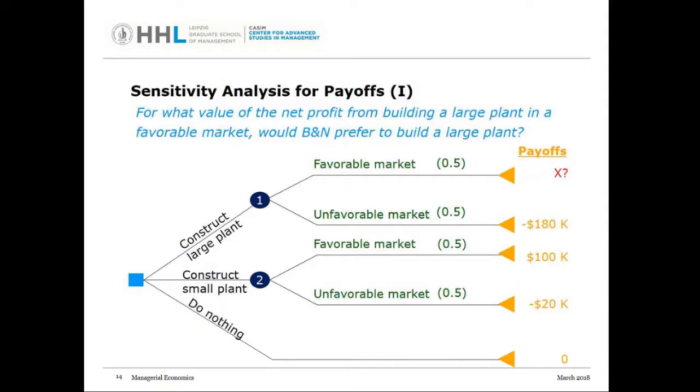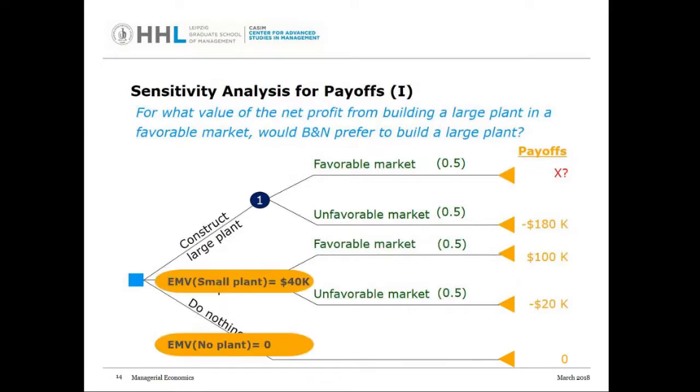I go back to the case of the expected monetary value maximizer. So we have a risk neutral Barnes & Noble over here. And how do we calculate it? We know that the expected monetary value for no plant and small plant are 0 and 40K respectively. And the expected monetary value for a large plant will be a function of X. We don't know X, but you should be clear that this is what we get.